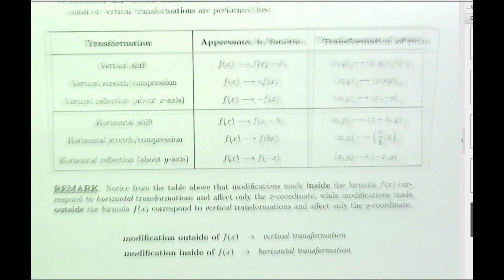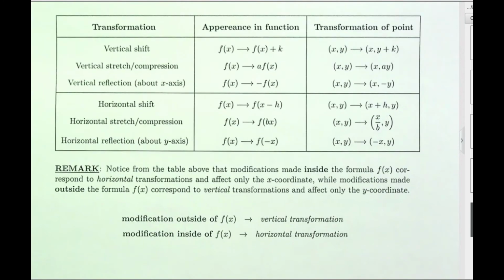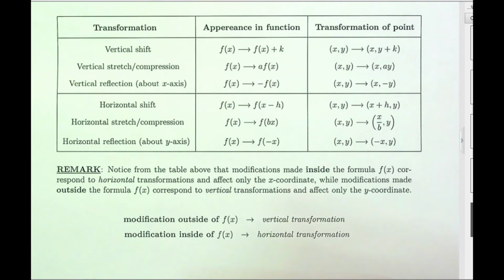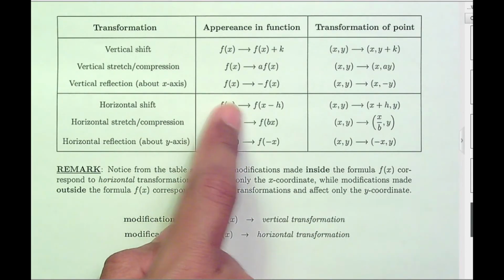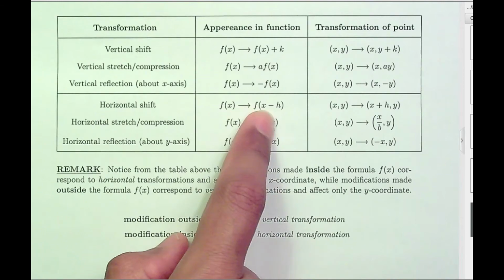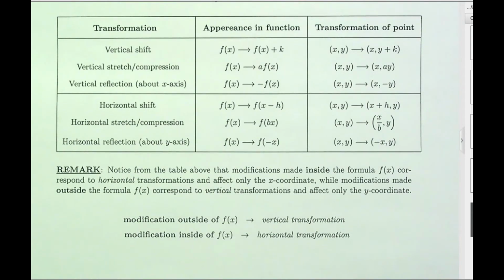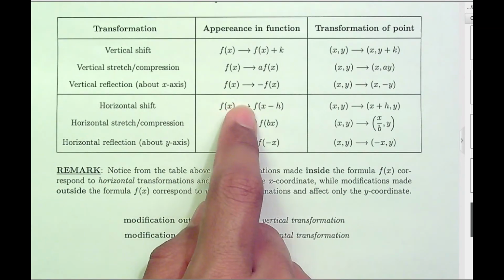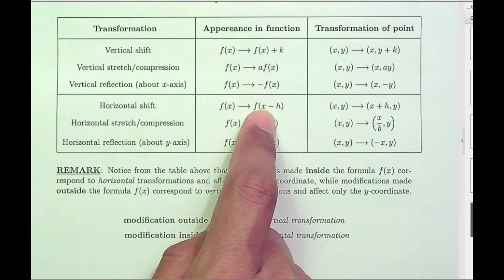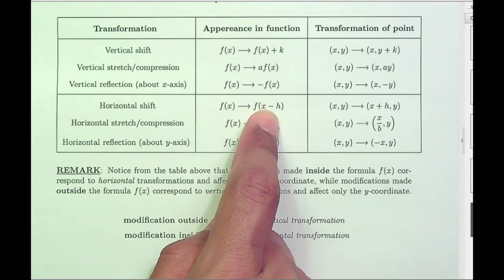Okay, and if you're modifying the graph from inside f, then remember that means you're changing the graph horizontally. If you are doing something inside of f, remember it behaves the opposite of what you would think.